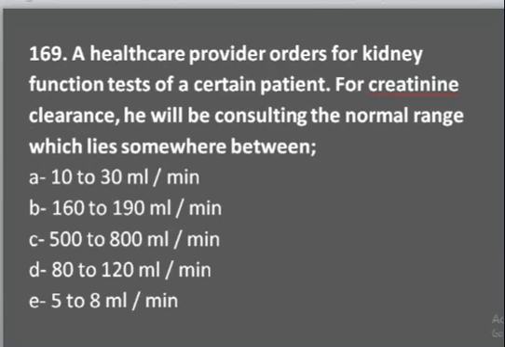Actually the normal creatinine clearance reference range is 80 to 120 ml per minute, meaning per minute this much creatinine should be cleared from our body. So this is the normal creatinine clearance.